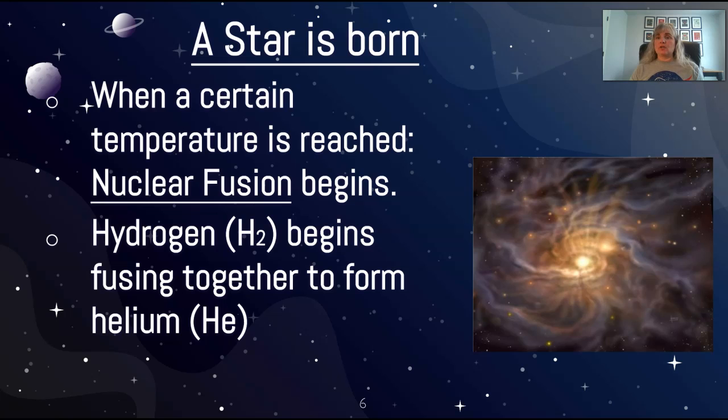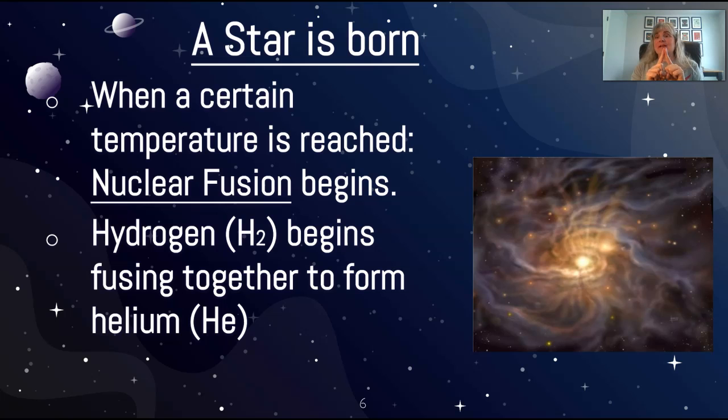Nuclear fusion is a reaction where two hydrogen atoms, which have one electron and one proton each, so it's the number one element on the periodic table, and most of the universe is made out of hydrogen, get combined, fused together, to make helium.